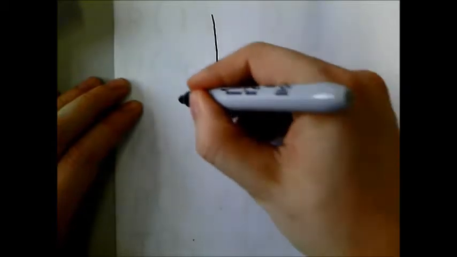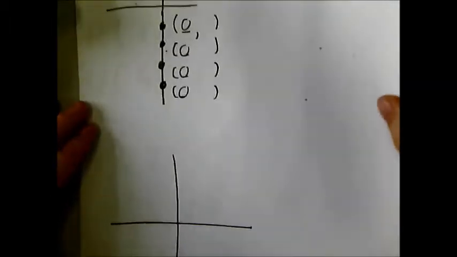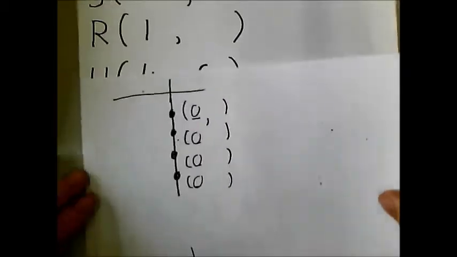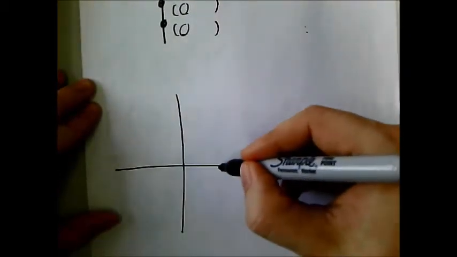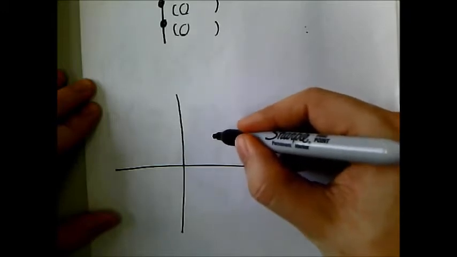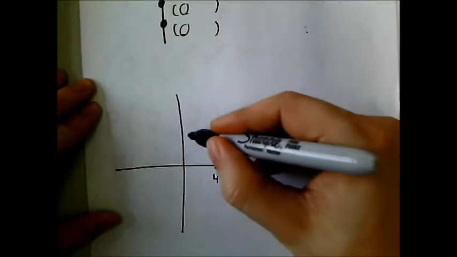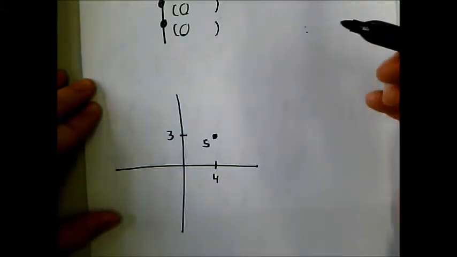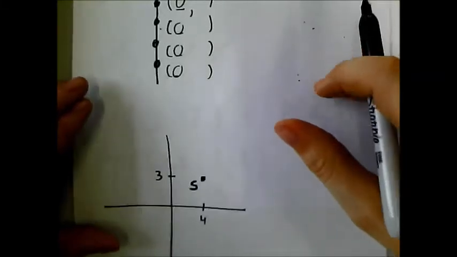So I'm going to put a pair of grid in here. I know that I need points Q, R, S and U. Now I've been given S, so let's plot this one. So 4, 3, it's going to be about here somewhere. So that's S, that's 4, 3. Do I have U?